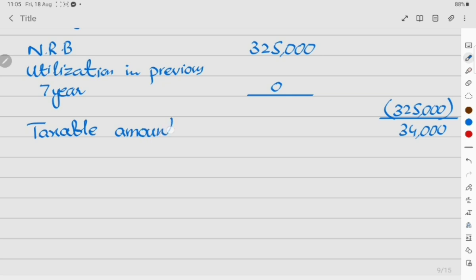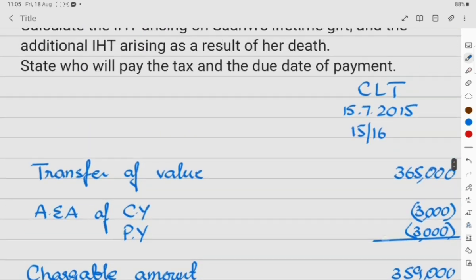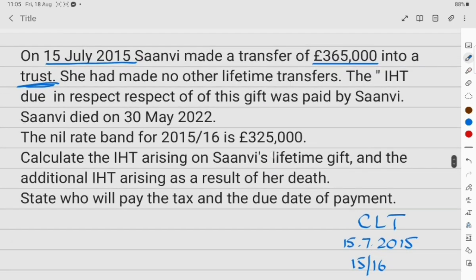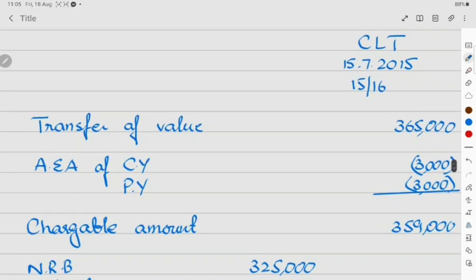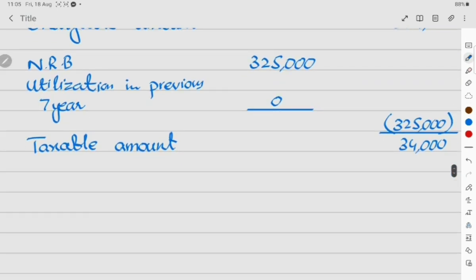Remember, no doubt the individual has died, but first we have to calculate the tax liability on his lifetime transfer, the chargeable lifetime transfer. So it is 34,000 on which we have to pay the tax. The IHT due in respect of this gift was paid by Sanvi. So as Sanvi has to pay that tax, it means the donor has to pay that tax. So the rate of tax is 25%.